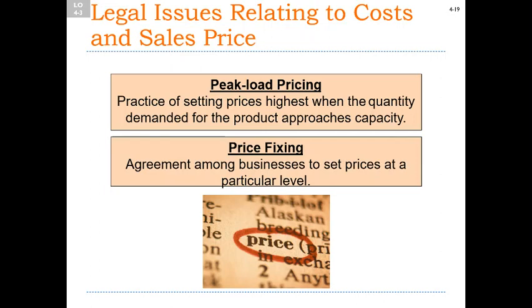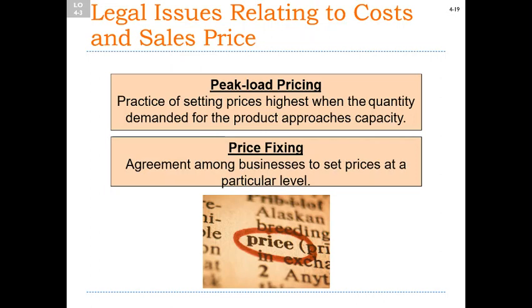But you go to someplace like Arizona, Texas, Florida, where you almost have to have air conditioning in your house to survive. When do utility companies charge the most? Well, they charge the most in the afternoon, especially in the summer, because that's when they're closest to peak capacity. And so the regulatory agencies allow them to do that.